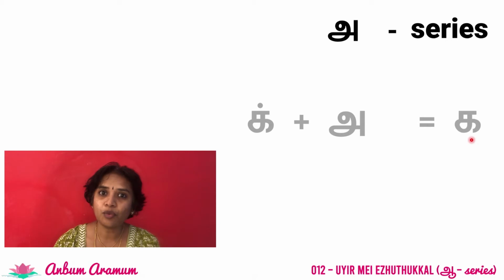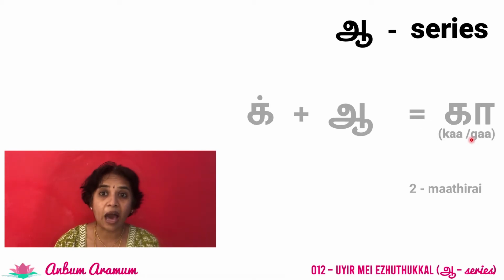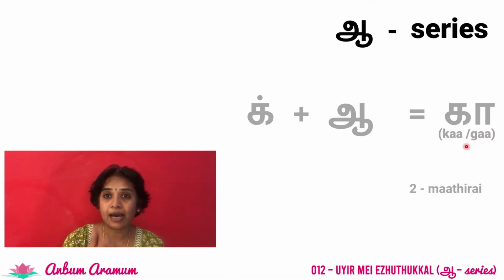When the second Uyir Ezhuthu, the Nedil A, combines with the 18 Mei Ezhuthukkal, the Uyir Mei Ezhuthukkal has an elongated A sound. For instance, Ik plus A gives rise to Kaa, K-A-A, Ka or Ga, and this is the Nedil Ka, and it is pronounced for two Matires, Kaa.